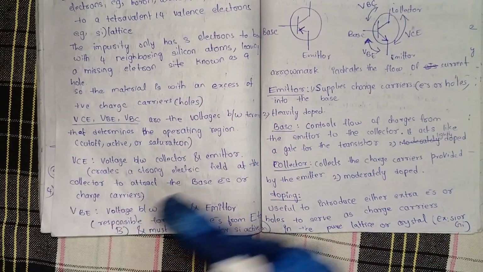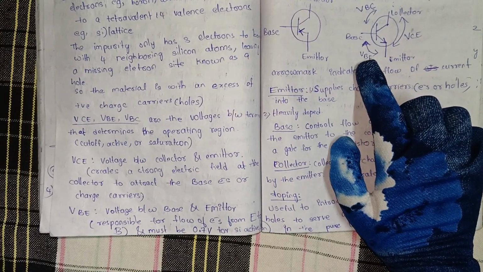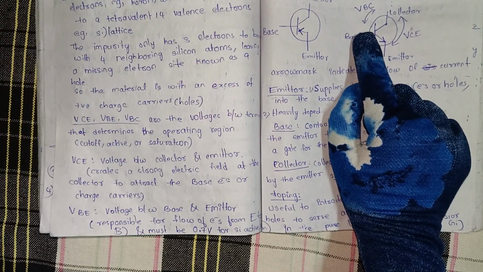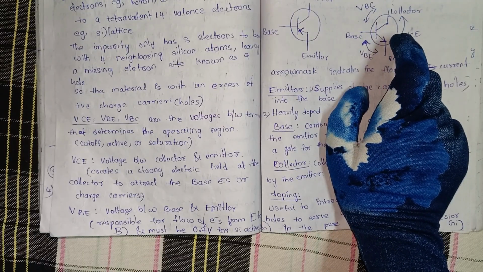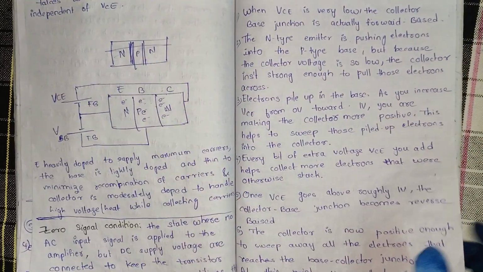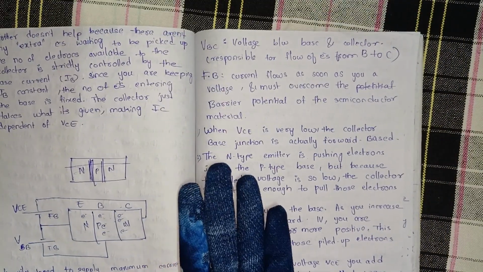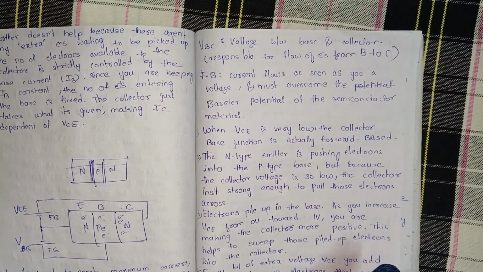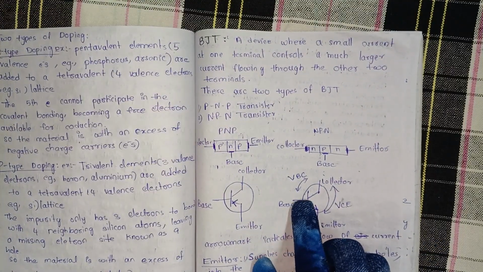Then VBE is the voltage between base and emitter. VBE is responsible for flow of electrons from emitter to base. And for silicon, in active and saturation region, it must be 0.7 volt. Then VBC, voltage between base and collector, is responsible for flow of electrons from base to collector.